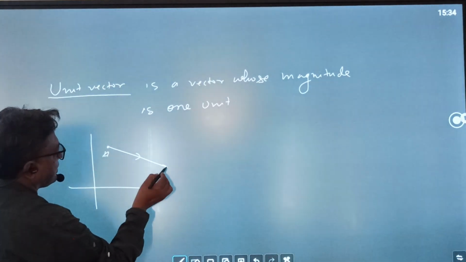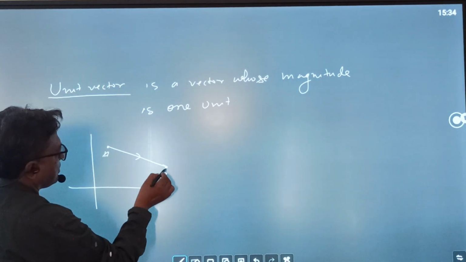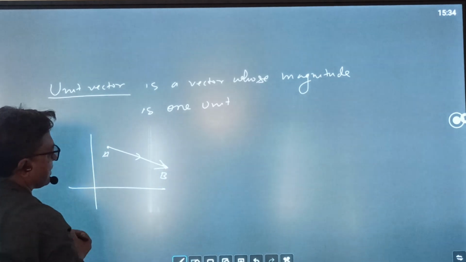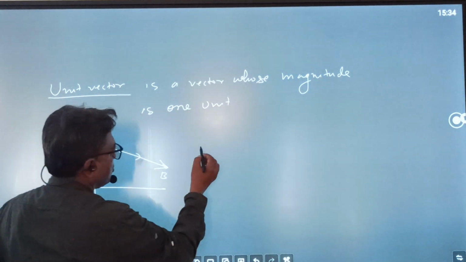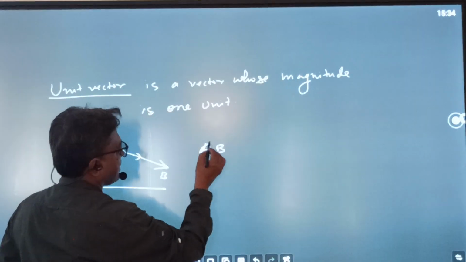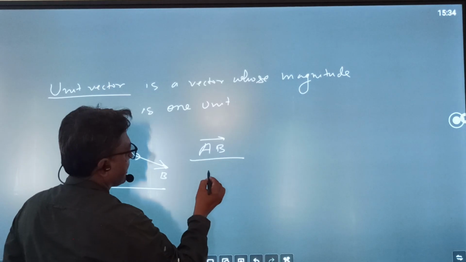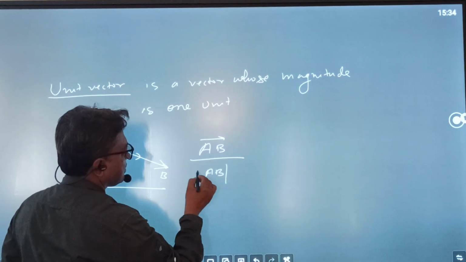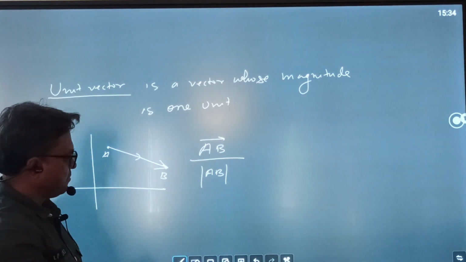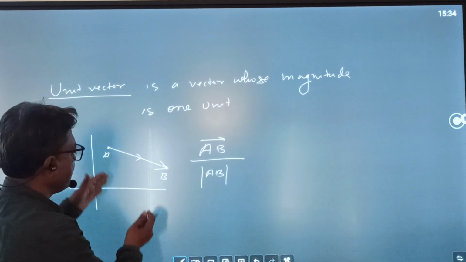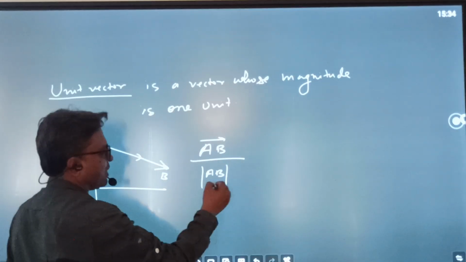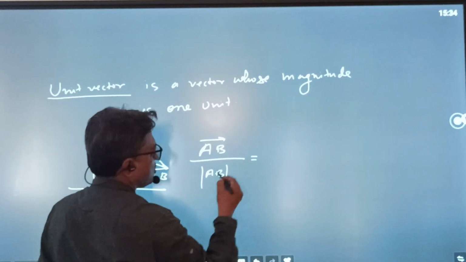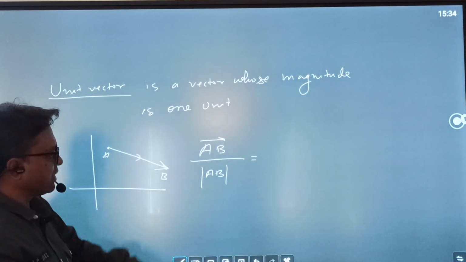Or if we divide any vector by its magnitude, suppose we have a vector AB, this is the tail of vector, this is head of vector. So this vector is vector AB. So if we divide this vector by its magnitude, where mod represents magnitude of vector, means length of the vector, we get a unit vector along the direction of the vector AB.